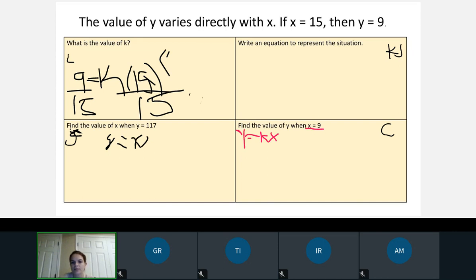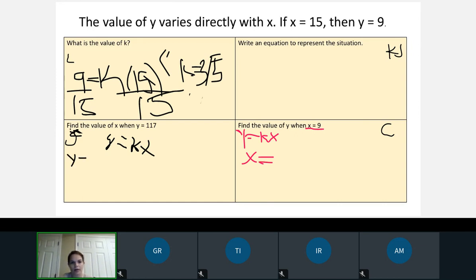So when we're simplifying fractions, we just have to find a common denominator or a number that will go into both. Okay. All right. So Leah's got our value for K, which is 3/5.